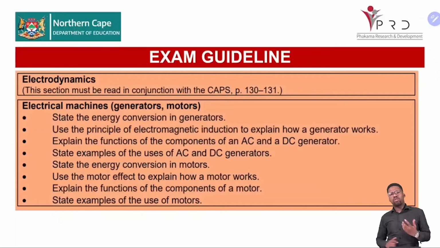Most of us were exposed to generators, particularly during a period of load shedding, because we would use a generator when we don't have electricity in our households. So one thing that comes to your mind is that we use a generator to produce electricity.